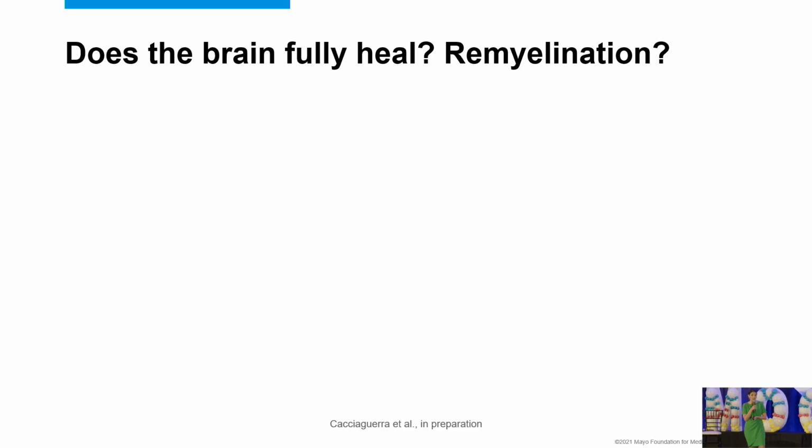So is this remyelination? We are starting to look into this. Usually the MRI that you get in the clinical setting has a strength of 1.5 to 3 Tesla, which is the magnetic field strength. These are MRIs usually done for research with a very high field strength that let us see not only the lesion, but also some microstructural features of the tissue.